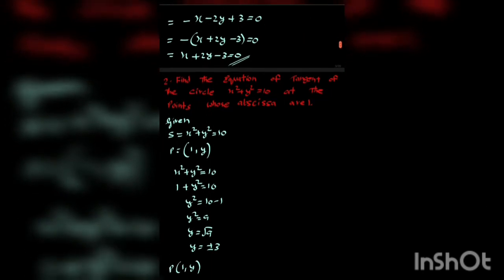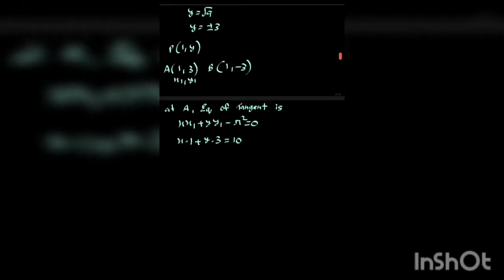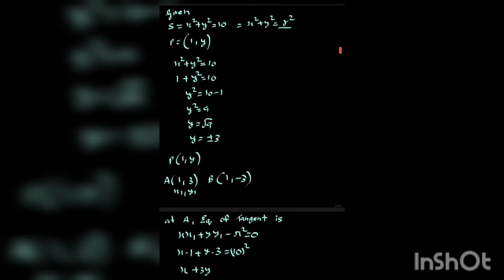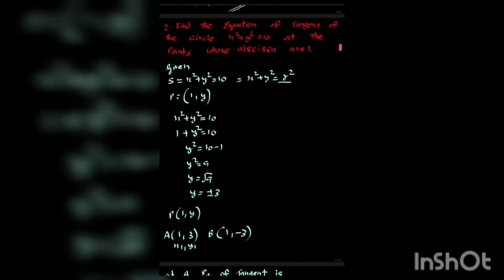Because the given circle is in the form x square plus y square is equal to r square. So what is r square? It is 10. So we wrote 10 here. So x plus 3y minus 10 is equal to 0.